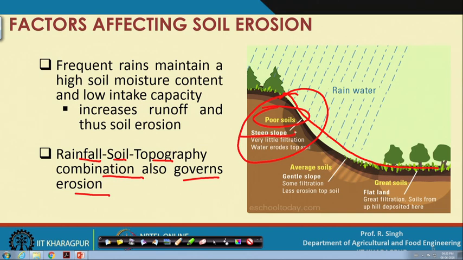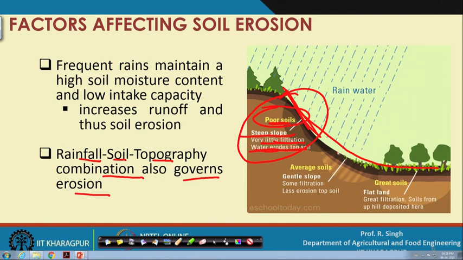And in that case, because the soil quality is poor, the infiltration capacity will be much lower, that means very little rainfall will get infiltrated, and that simply means that more of the rainfall will get converted into runoff, as we have seen in all processes, and that means the topsoil will be eroded fast from this portion.